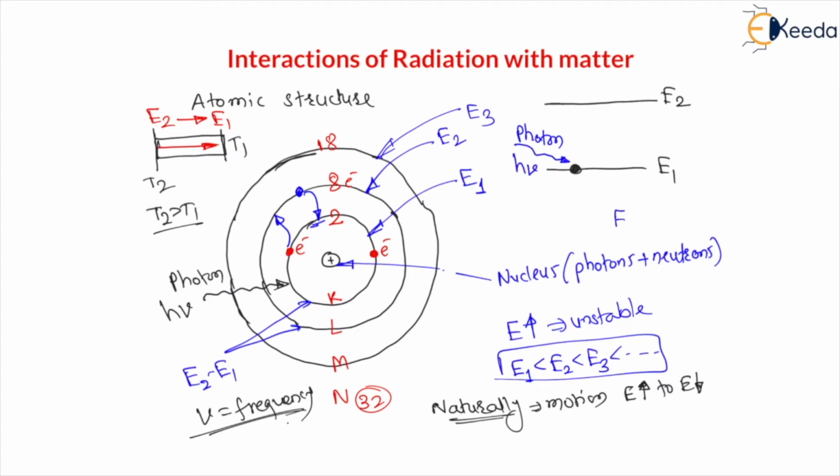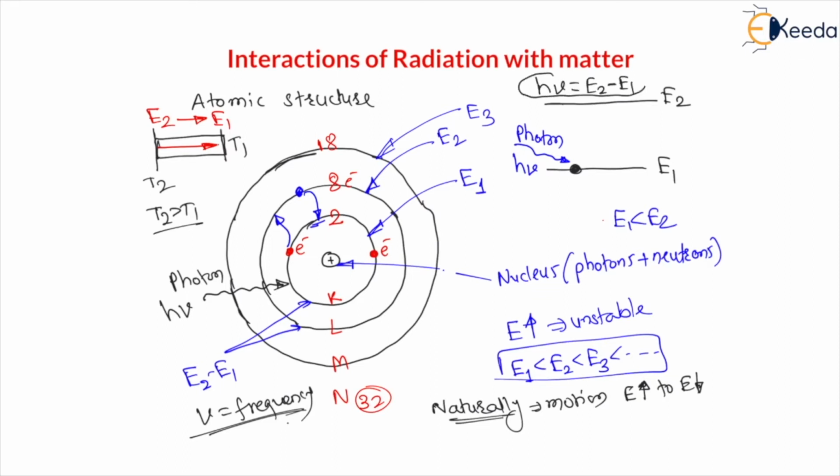We have already seen E1 is less than E2, means we are supplying a photon of energy h nu to the lower energy level. Therefore, this photon energy is of magnitude equal to the energy difference E2 minus E1.